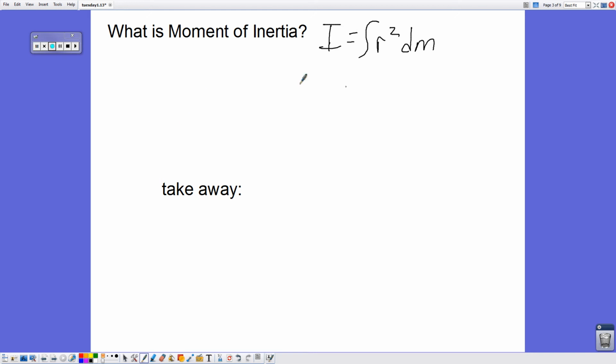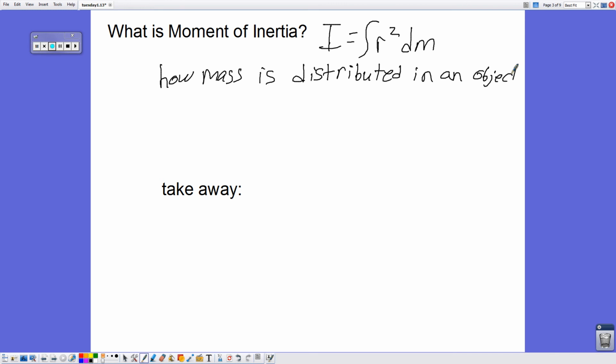What we care about is a wordy definition. This is how the mass is distributed in an object. It's not just how much mass it has, but where that mass is.